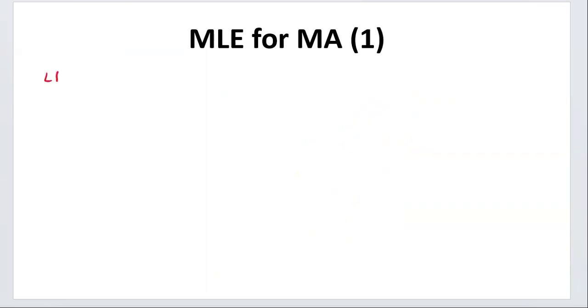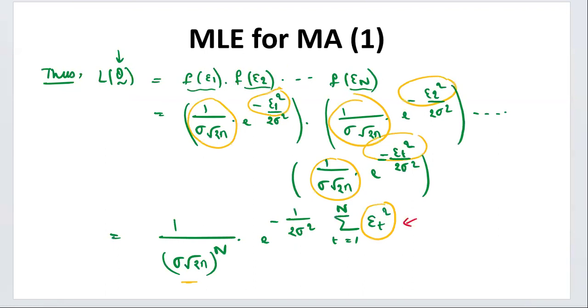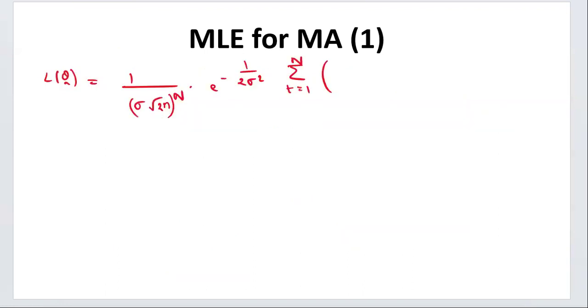L theta is 1 by sigma root 2 pi whole to the power n, then e to the power minus 1 by 2 sigma square, and then the sum over t from 1 to n. Here you have epsilon t square, so I'll be replacing that with yt minus alpha minus theta epsilon t minus 1, whole square.